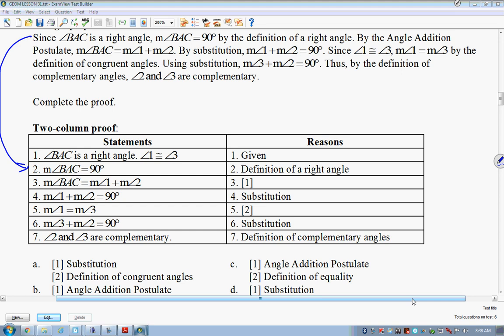Okay, so what you're seeing is that measure angle BAC equals measure angle 1 plus measure angle 2 is my statement, right? Okay, and I see that in my sentence right there. So what I'm looking for is what is the reason in that sentence for that? Very good. Angle addition postulate.